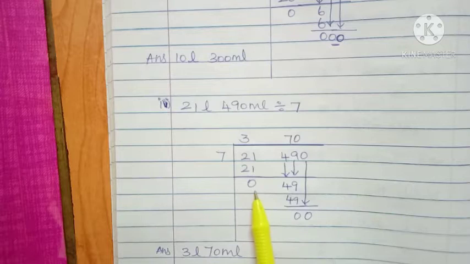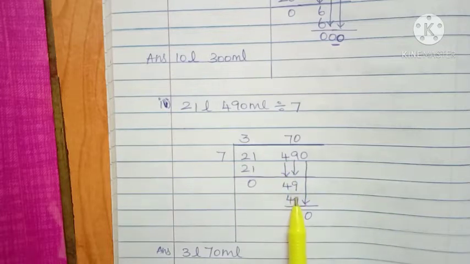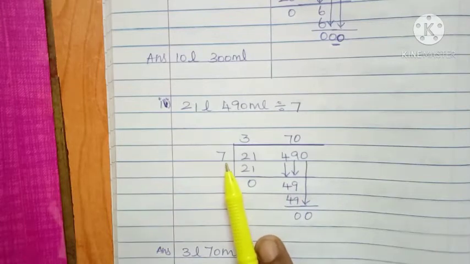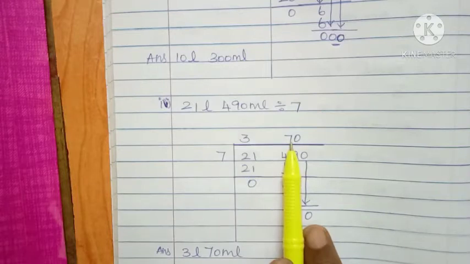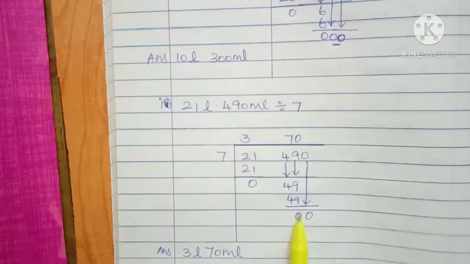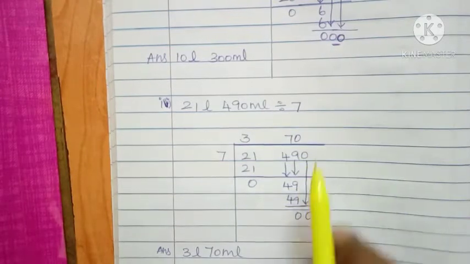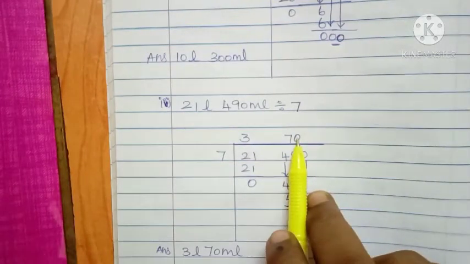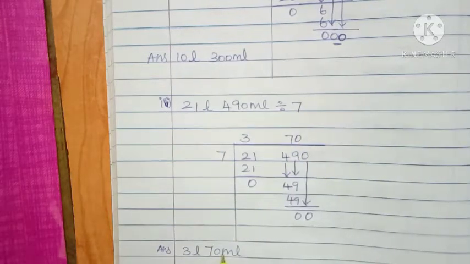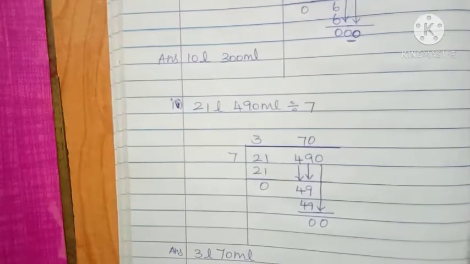So 0. Then next 49 take it out and write down. 49 is coming for the 7 table, 7 times. 7 7s are 49. So write the number 7. 0. Then here 0 is there. So you add and write 70 for the quotient. So 3 liter 70 milliliter is the answer.